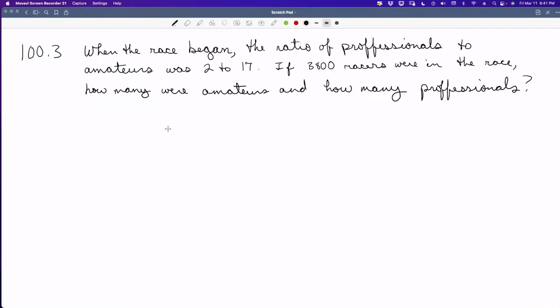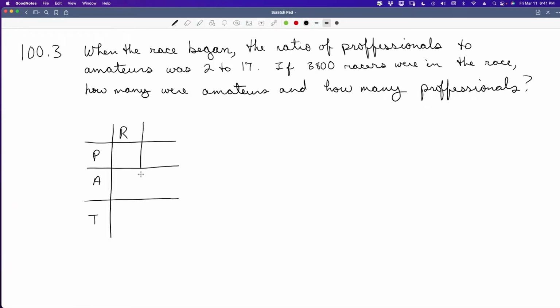All right, in this third example, when the race began, the ratio of professionals to amateurs was 2 to 17. So let's start by building our table. So here we are. We have our ratio. We have our professionals, and then we have our amateurs, and then we have the total. And then we're going to use this other column for the actual number or quantity.